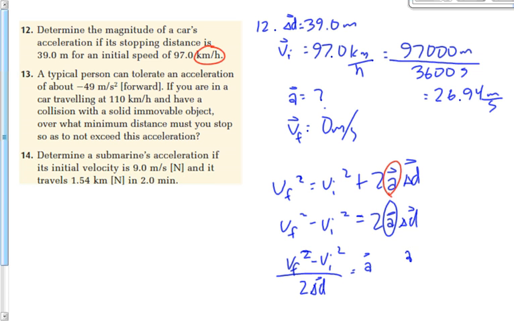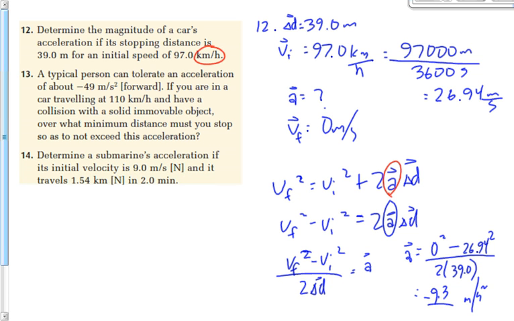So A is equal to VF squared, 0 squared minus 26.94. This is almost like the last question, isn't it? Do the math there, guys. I'm not sure what we end up getting, but we do it in exactly the same way as we did the last question. Yep. All right, -9.3. Thank you, Lewis.